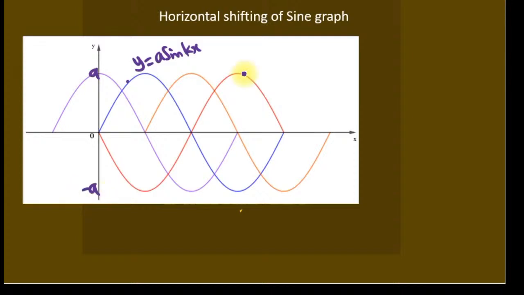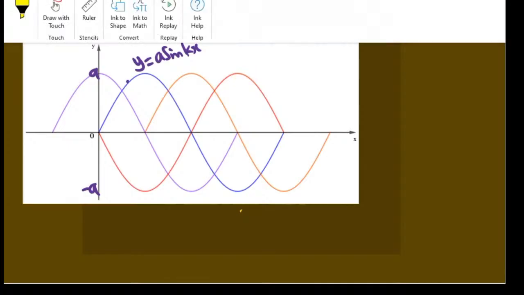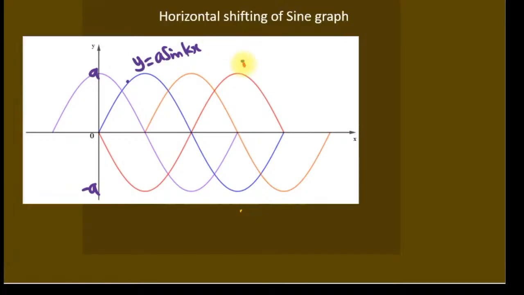So the graph of the red function will be y equal to minus a sine kx. So do you see it? If you multiply by minus, you get the red graph.